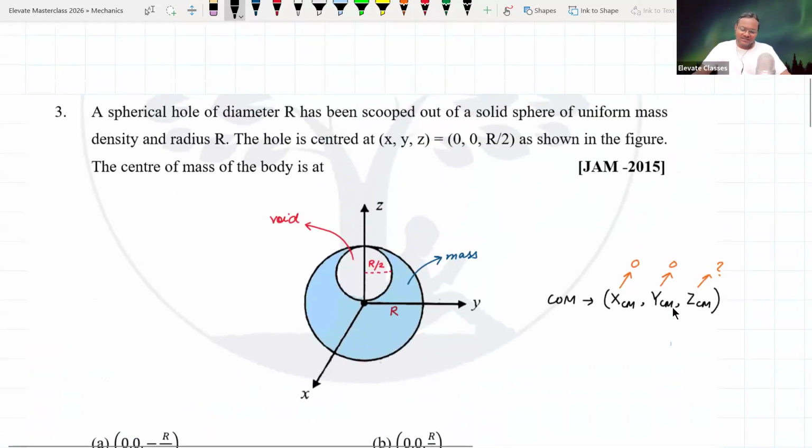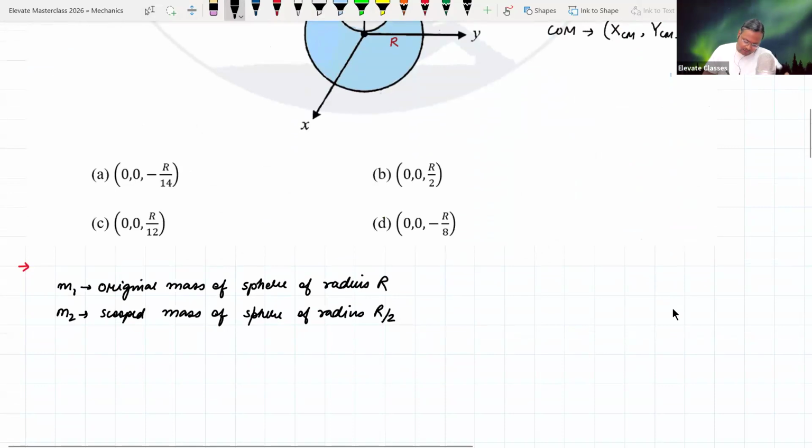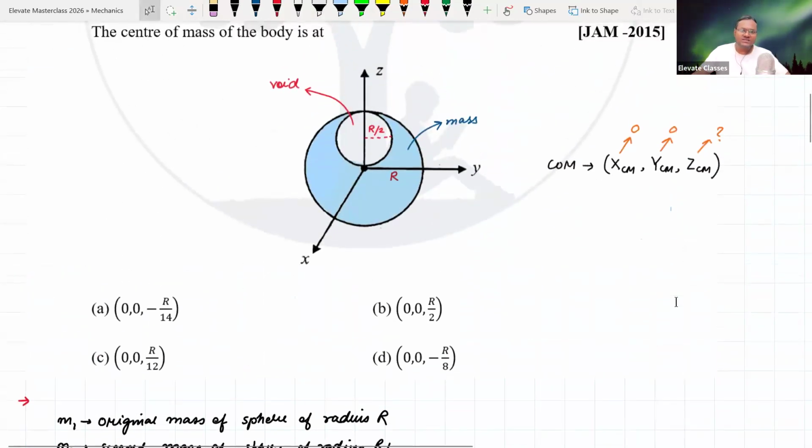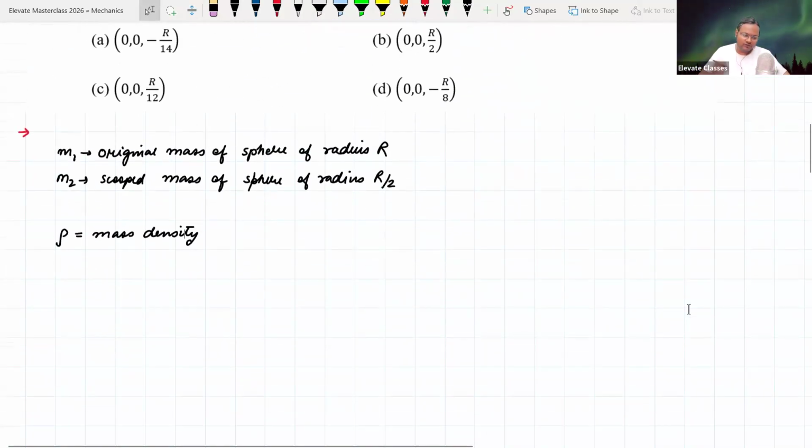Now the question is, masses are not really given in the question, right? The only thing I know is that it's a uniform mass distribution. So if it is a uniform mass distribution, I can assume that it has a uniform mass density, right? And the mass density will be the same for the scooped mass, the original mass, as well as the final configuration.